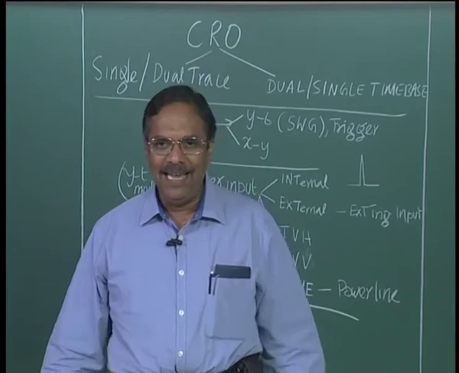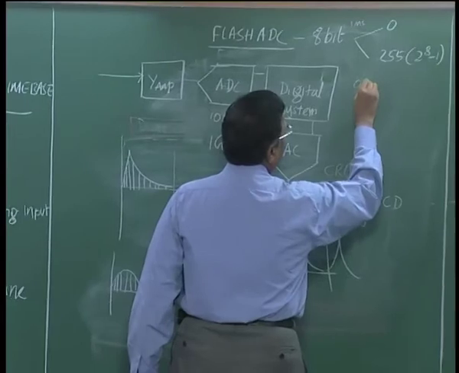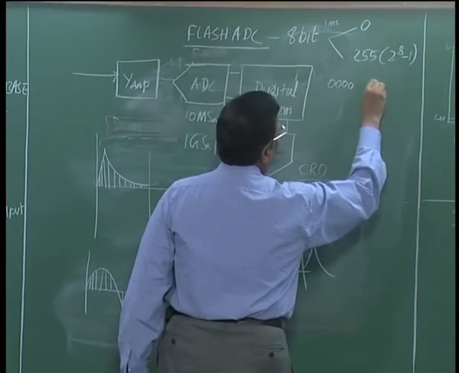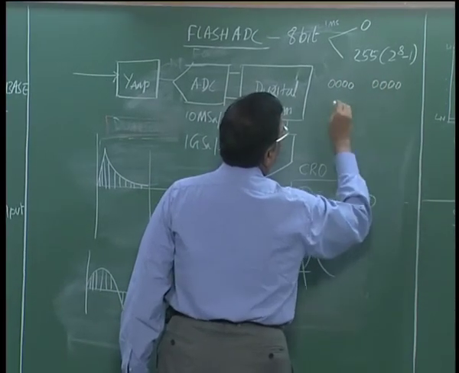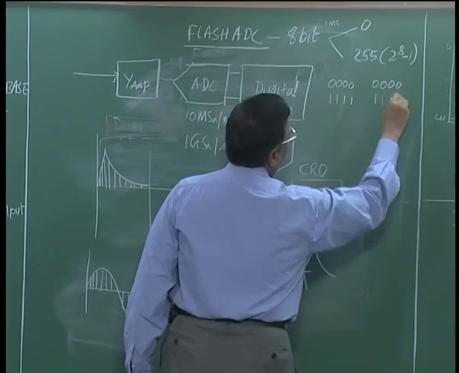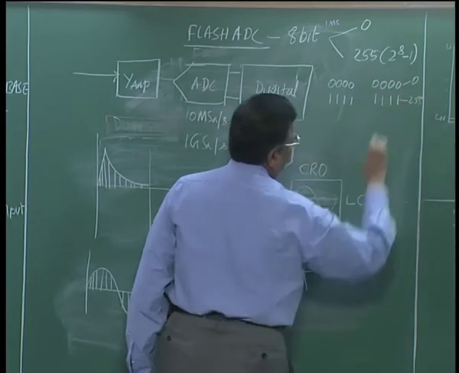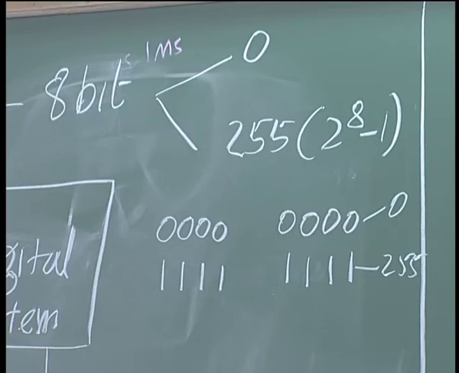When I have 8 bits, I can have 0 0 0 0 0 0 0 0, 2 nibbles, to 1 1 1 1 1 1 1 1. So this is 0, this is 255. So, 1 out of 255 levels.